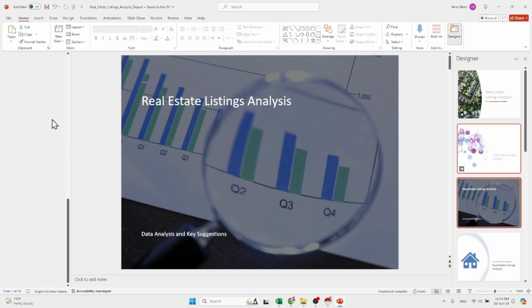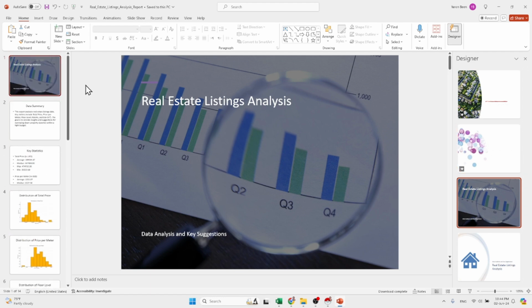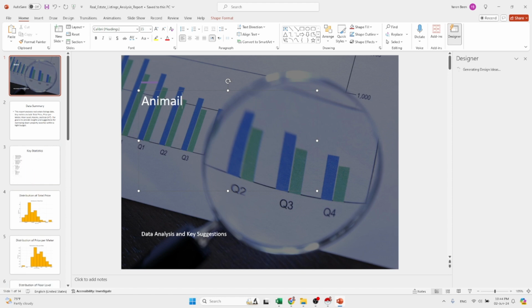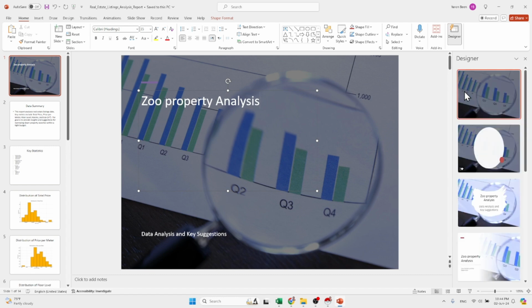Now let's see if I change the headline, if it changes the suggestions. Zoo property, just something that I came up with. Let's see if it changes the suggestions, the design.